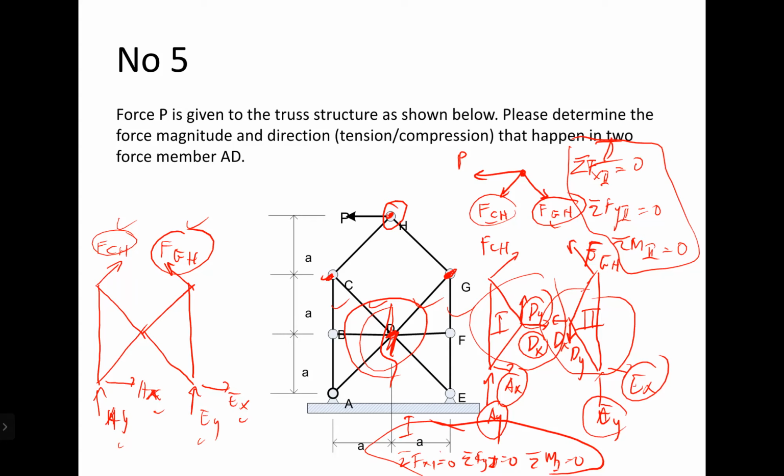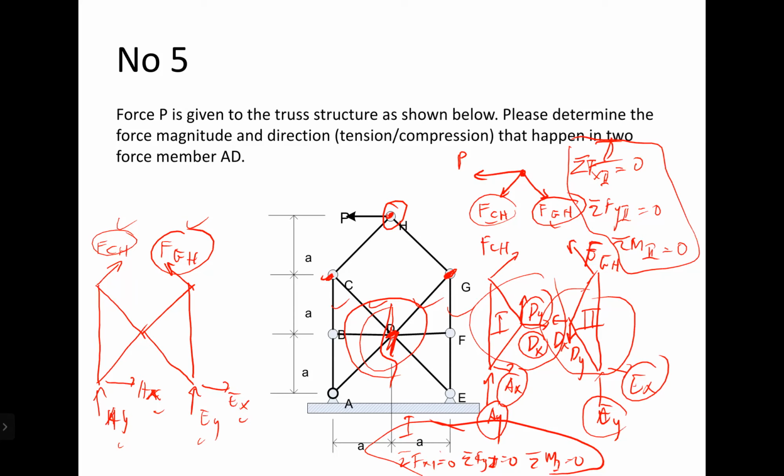Actually, not really. But with Ax and Ay, how do you find AD? Is it just the joint method? Joint method at point A. Oh, so Ax cos 45 is AD. Is it like that?